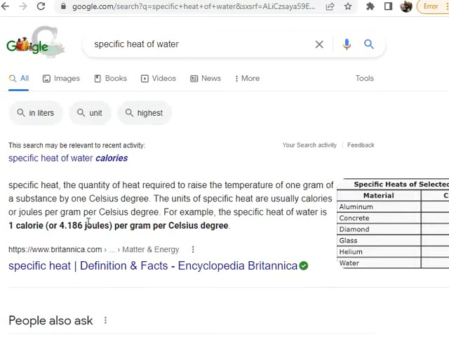Okay, the specific heat of water is 4,186 joules per kilogram per degree Celsius. So what do we need to do here? Okay, it's coming back to me.